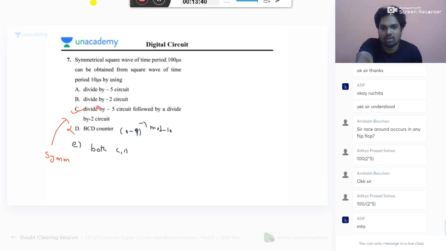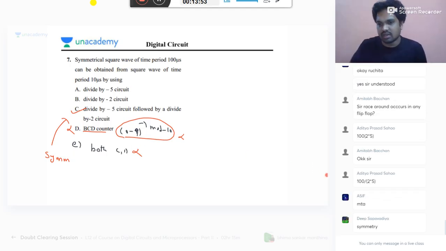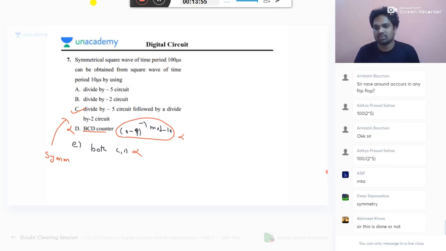Here BCD is not the right answer. 0 to 9 it is also, but it is not the right answer. Here this is also not the right answer. Last lecture we have done this. You remember or not? Doubt clearing session I have done. Yes, very good. This is already done in the class, Avneet. Just go through the last lecture.